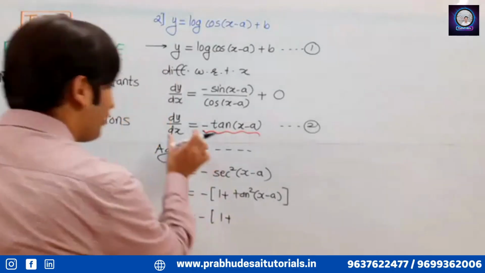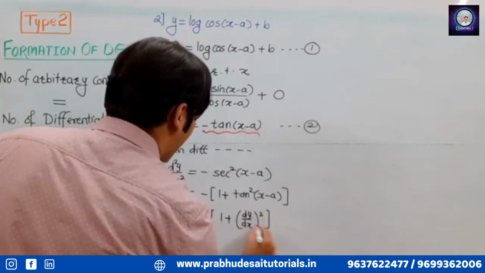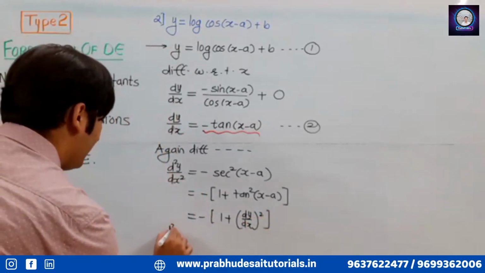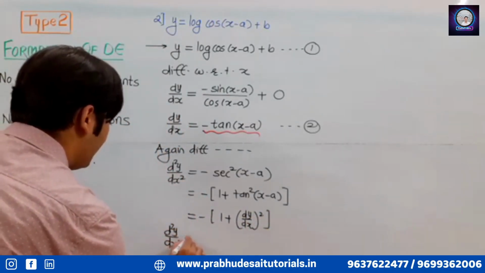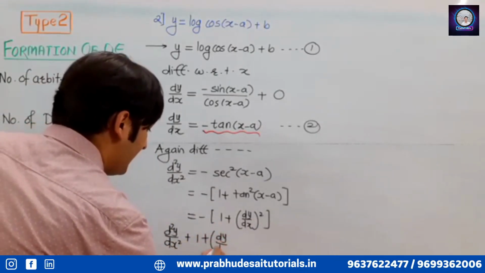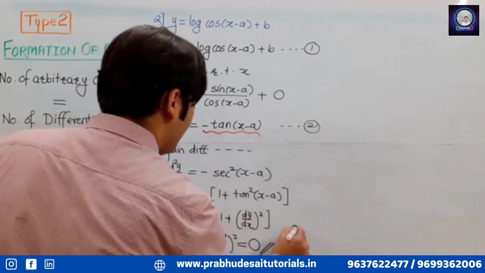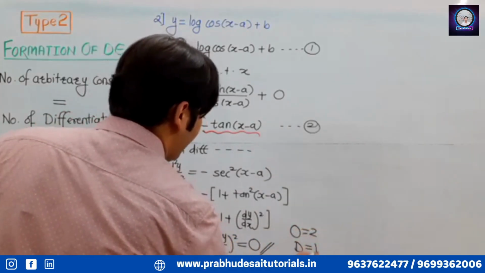Minus 1 plus square of this dy by dx bracket square. And finally, double derivative plus 1 plus dy by dx bracket square is equal to 0. This is the answer. Order is 2 and degree is 1.